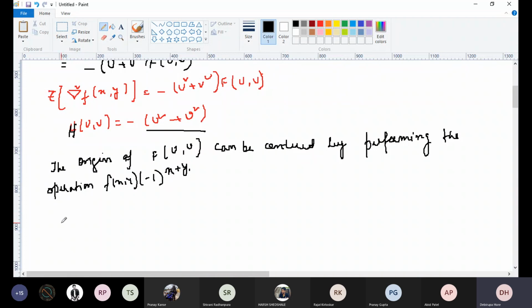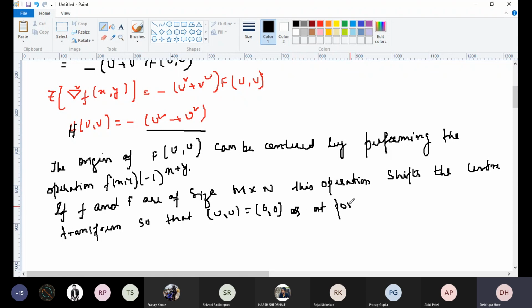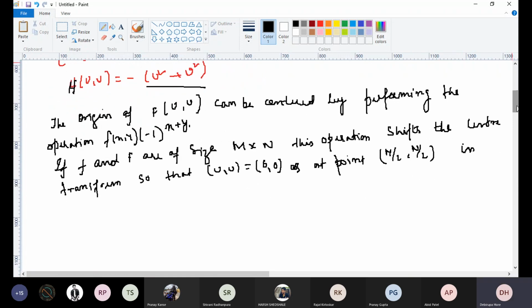Therefore, if f and F are of size M into N, this operation shifts the center of the transform so that (u, v) equal to (0, 0) is at the point M by 2, N by 2 in the frequency rectangle.